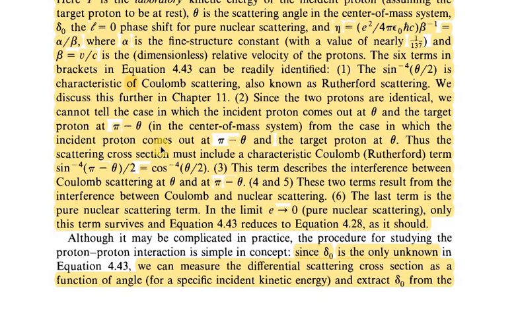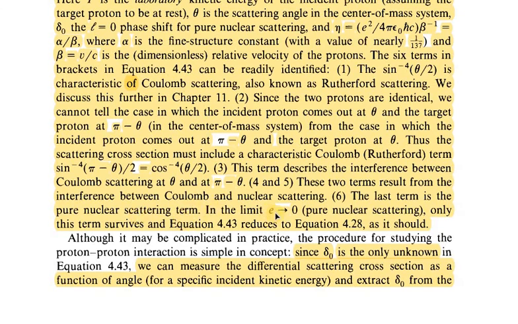Thus, the scattering cross section must include a characteristic Coulomb Rutherford term sine to the power minus 4 of (pi minus theta)/2, equal to cosine to the power minus 4 of theta by 2. The third term describes the interference between Coulomb scattering at theta and at pi minus theta. The fourth and fifth terms result from the interference between Coulomb and nuclear scattering. The sixth term is the pure nuclear scattering term.